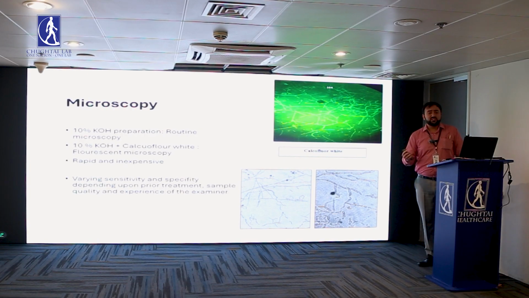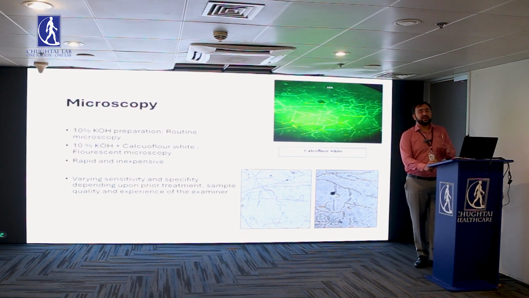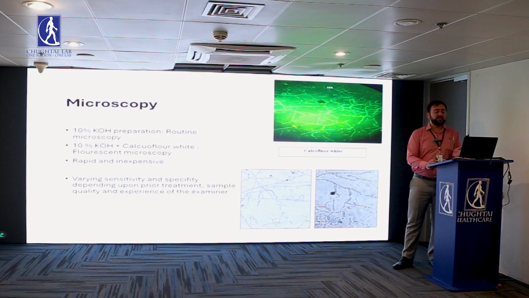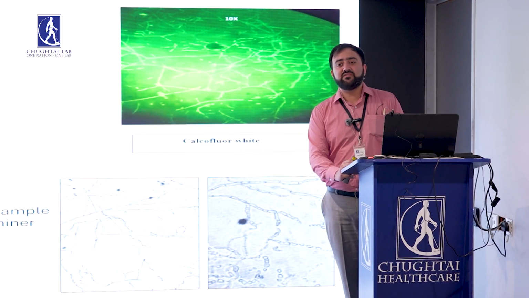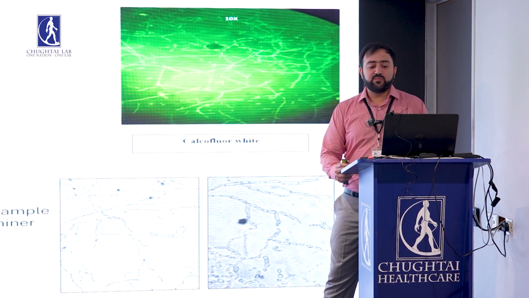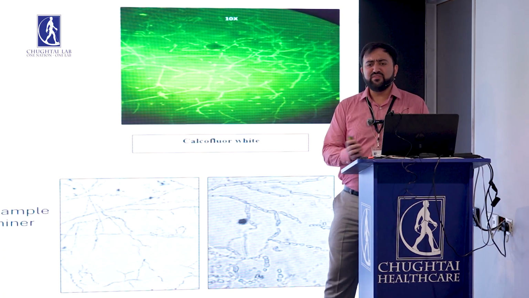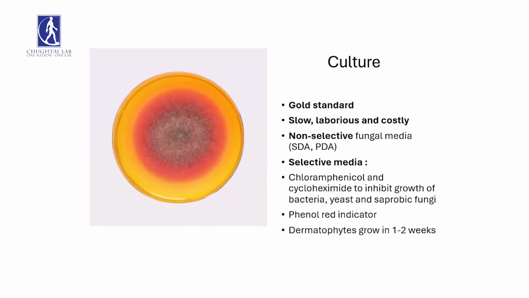And then the potassium hydroxide preparation can be modified with calcofluor white stain, and that has an improved sensitivity, but it requires fluorescent microscopy. So both of these methods have varying sensitivity and specificity, and that depends on the quality of the specimen and the expertise of the person performing this. And various studies have described sensitivity from 60 to 90%.